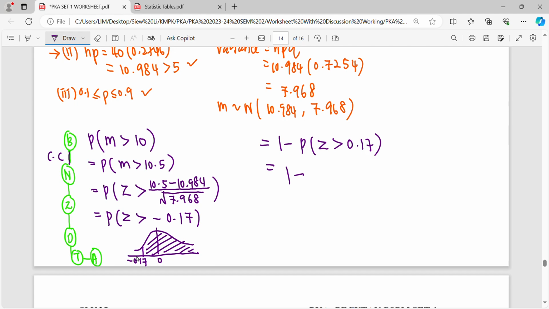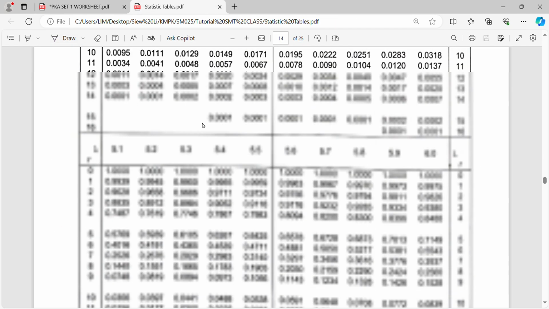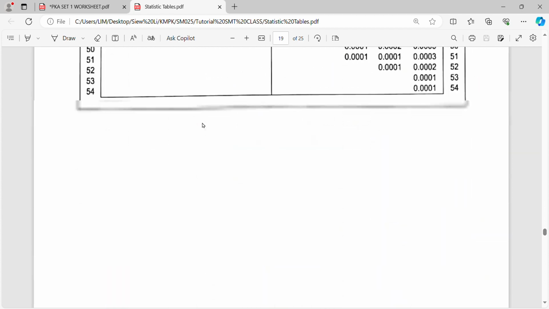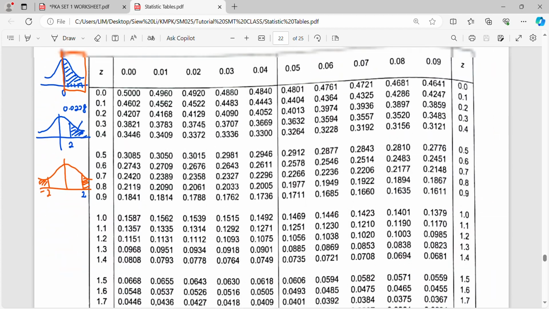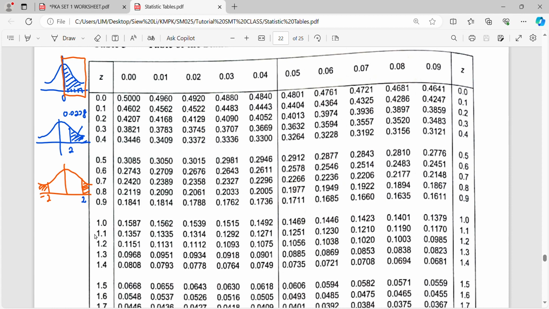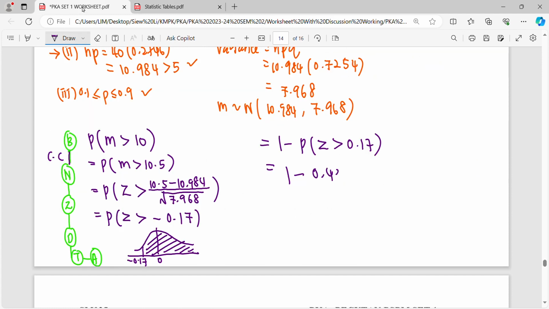So now we can read the table for the normal at 0.17. 0.17 here, 0.4325. Then 1 minus that gives 0.5675.